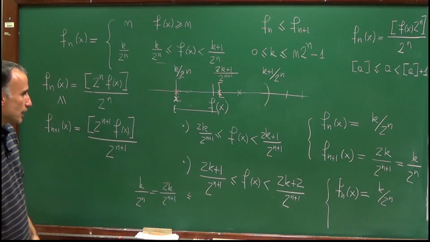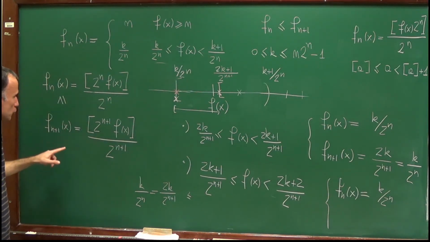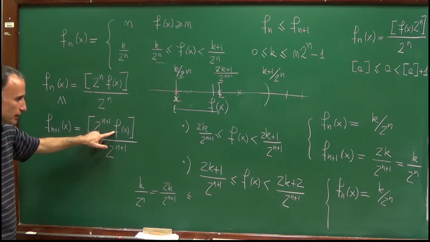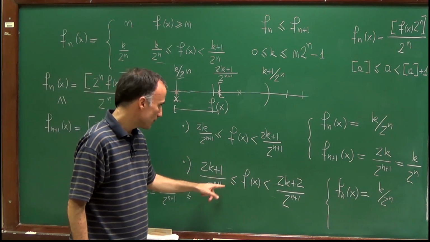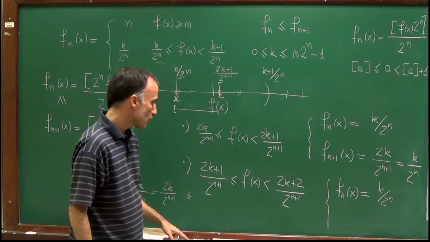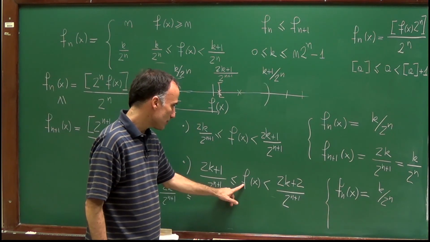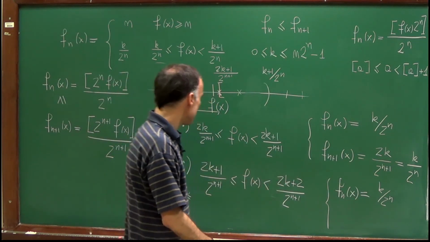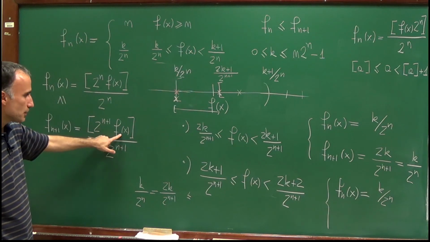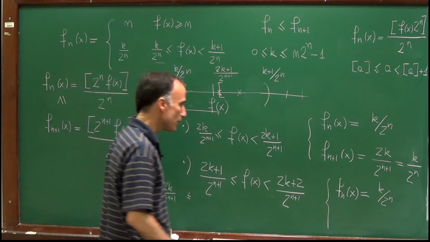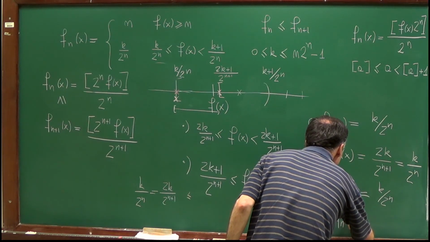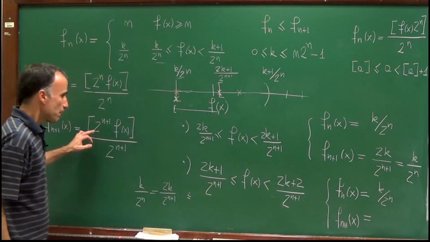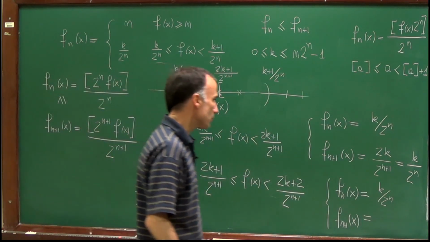But now let's look at f_(n+1). To compute f_(n+1), we have to compute the integer part of 2^(n+1) times f(x). If I multiply this expression by 2^(n+1), we obtain that 2^(n+1) f(x) is contained in the interval 2k+1 and 2k+2. This means that the integer part of 2^(n+1) f(x) is equal to 2k+1, and therefore that f_(n+1) of x is equal to (2k+1)/2^(n+1).